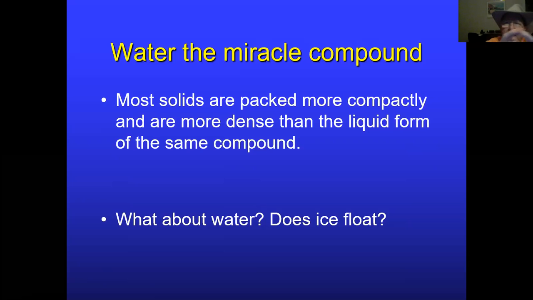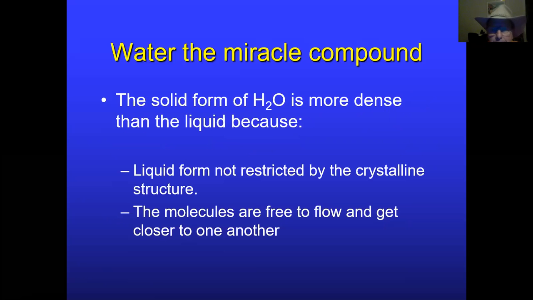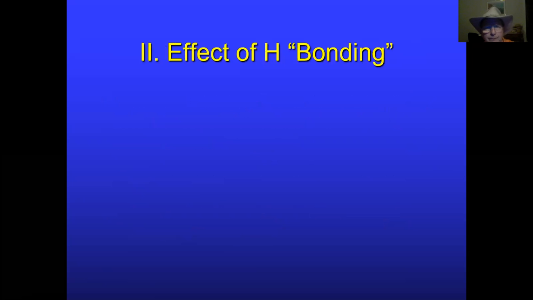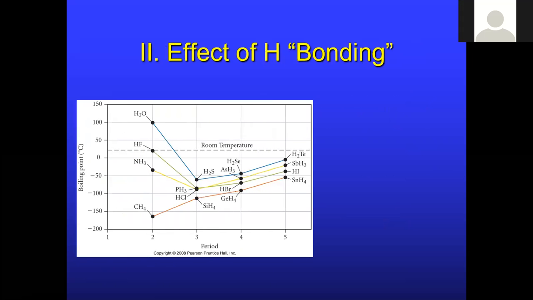In liquid, they can move. They can move to get closer. If they're getting closer, they're more dense. This is why ice floats in water. The effect of hydrogen bonding.